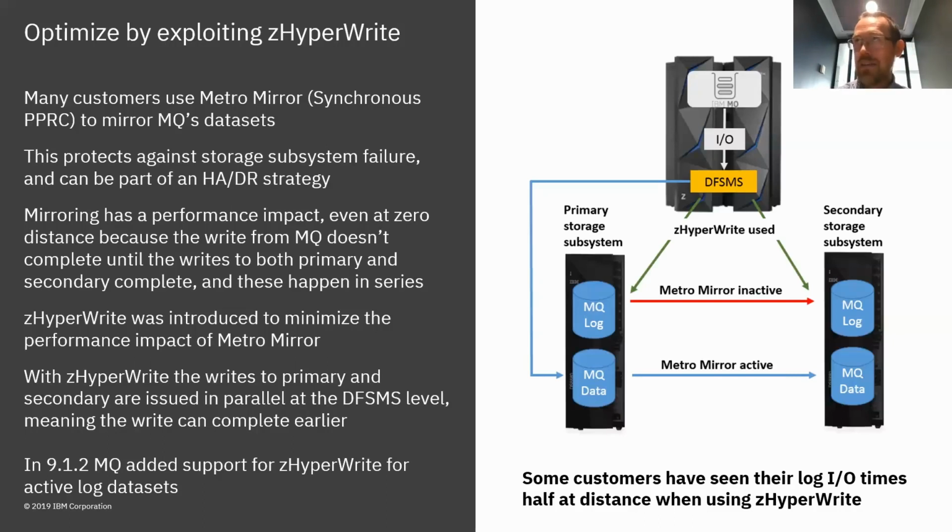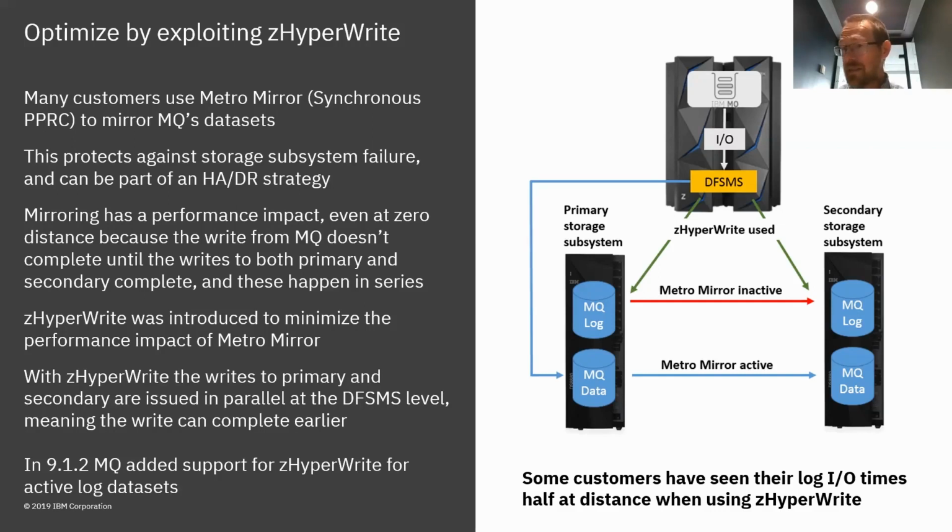And an interesting part of it is that originally I was always thinking that you are most likely to get this halving where your primary and secondary storage subsystems are kind of equidistant from the z/OS LPARs. Actually, we're seeing the halving even when there's a reasonable amount of difference. Like, you might have one set of DASD close and the other one, say, 6 kilometers away.